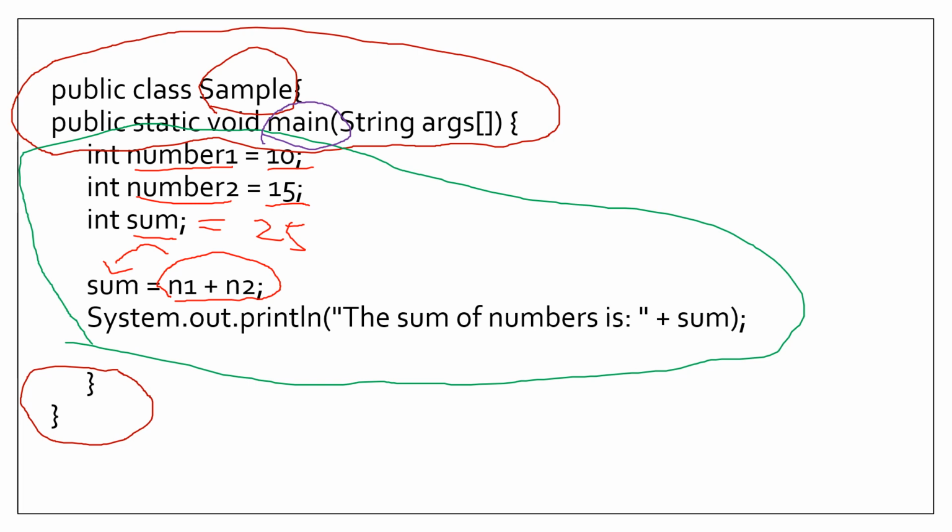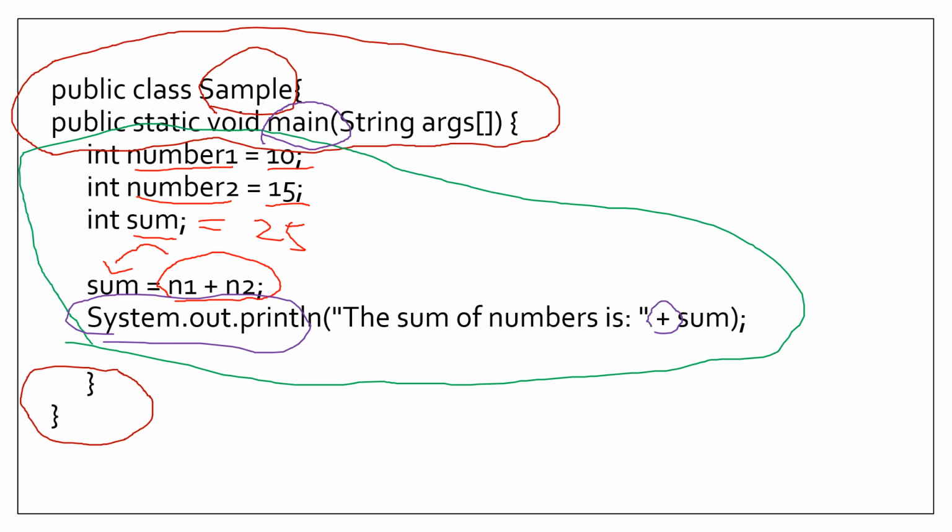Now, we are displaying it here. System.out.println is used to display something, right? So we double quote what we want to display first. The sum of the numbers is, we end it with another quote, and then the plus symbol here is used to concatenate.